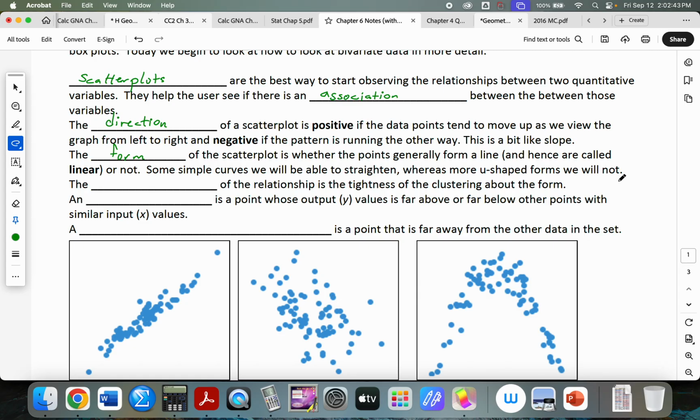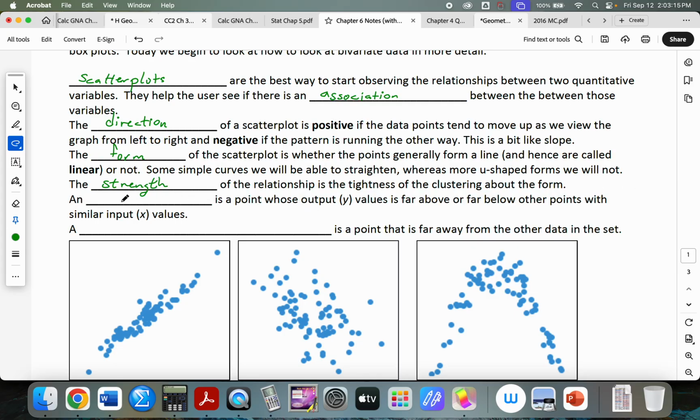But if you get something that's U-shaped, usually there's not much we can do with it. You can't do anything to straighten it. Then the strength of the relationship is the tightness of the clustering about the form. We'll talk more about that also in just a moment.